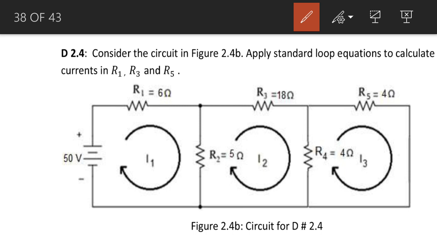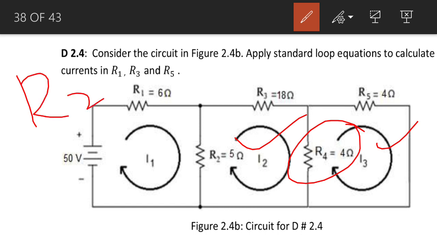Then we find out R23, the resistor that belongs to loop number 2 as well as loop number 3. There will be a minus sign with the resistance of this resistor. Why? Because the two loop currents are in the opposite direction through this resistor. You see, I2 is in the downward direction, I3 is in the upward direction through this resistor.